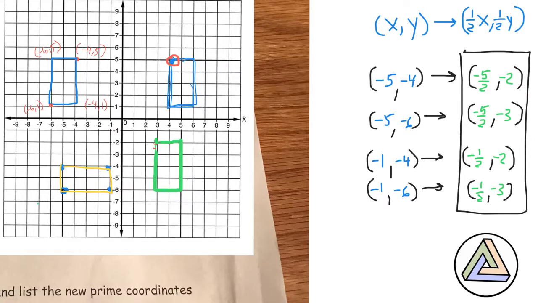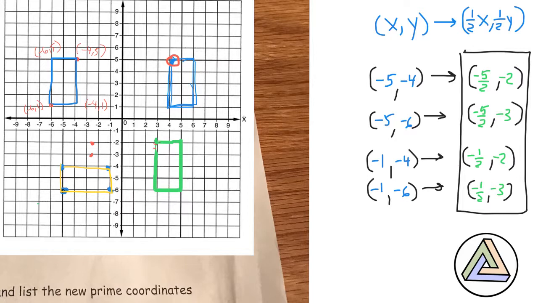Negative 2.5, negative 5 over 2, also known as negative 2.5, comma negative 2 would be right here. Let's see, and negative 2.5, comma negative 3 would be right here. And we also have negative 1/2, comma negative 2, which would be right there, actually.